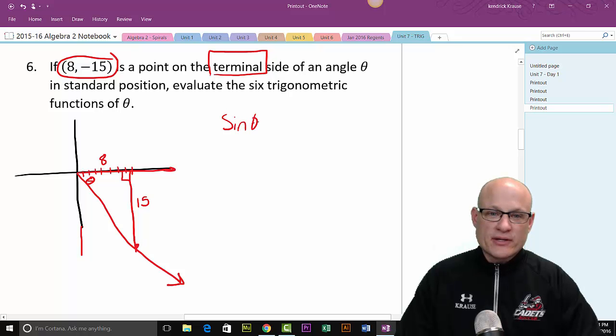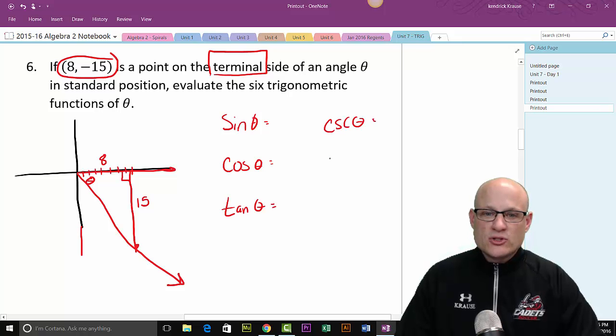So now I'm going to write sine theta. I'm going to get all 6 of them down there. The first one was easy; this one's a little more tricky. Cosine, cosecant theta, secant theta, and cotangent theta.